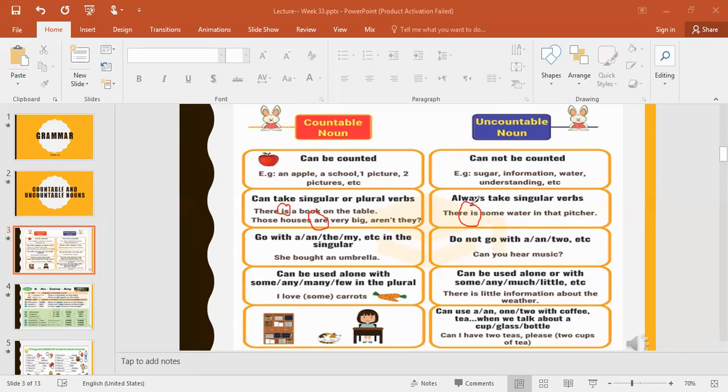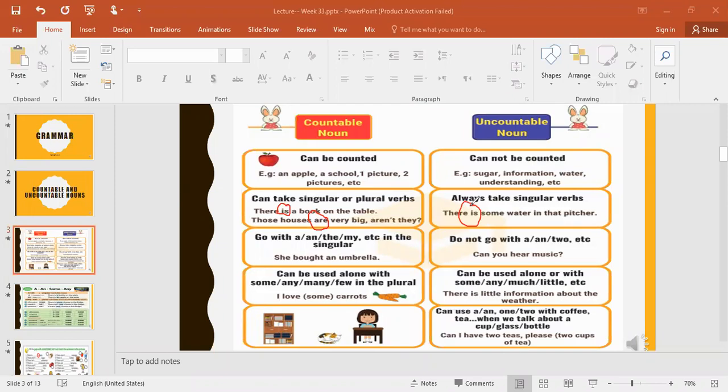Countable nouns, as we said, always take singular or plural verbs, they use both, while the uncountable nouns always take singular verbs. They never take plural verbs, never. Okay?